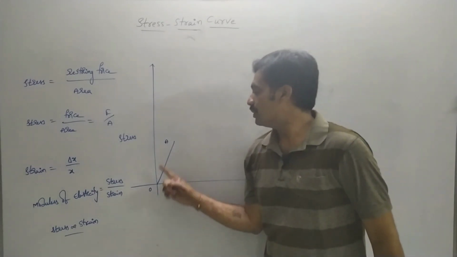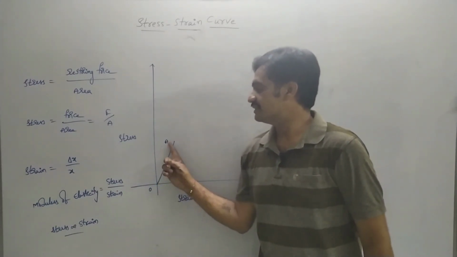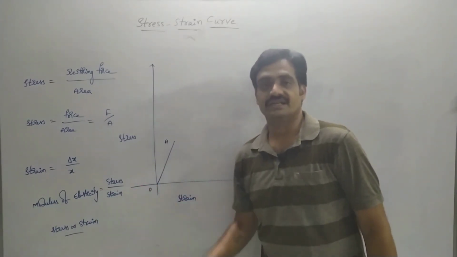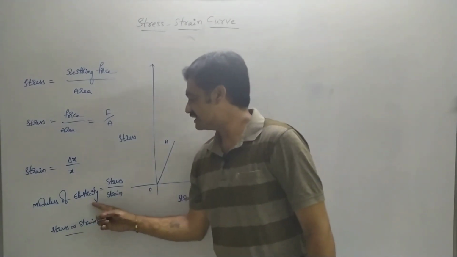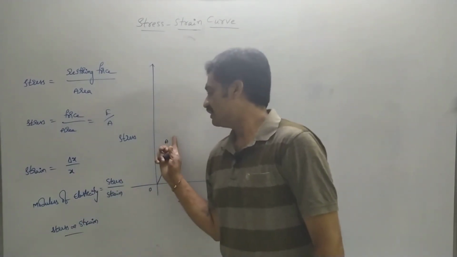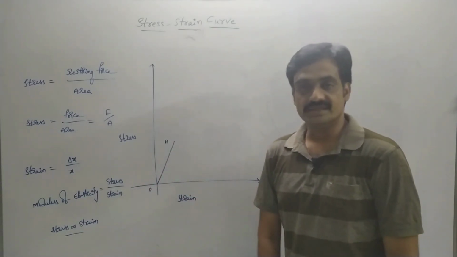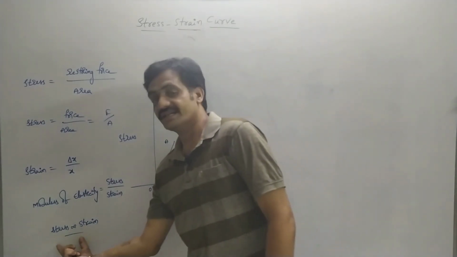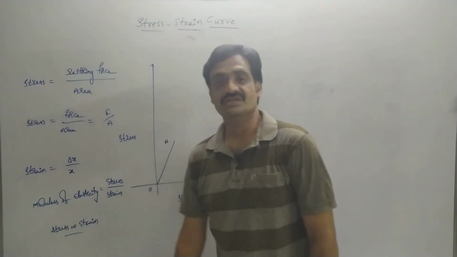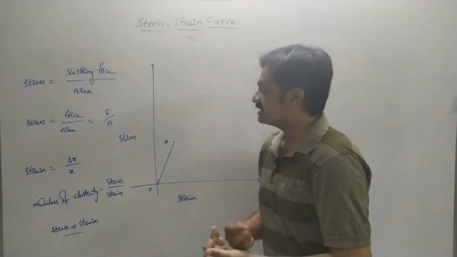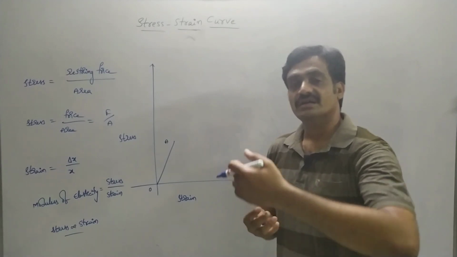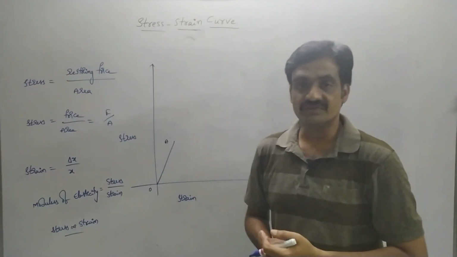So this OA line represents proportionality, or it can also be said that it obeys Hooke's law. The OA line obeys Hooke's law: stress is directly proportional to strain. Based on the stress, the body shows a proportional amount of strain.